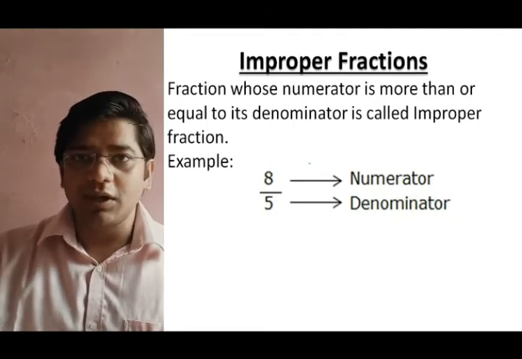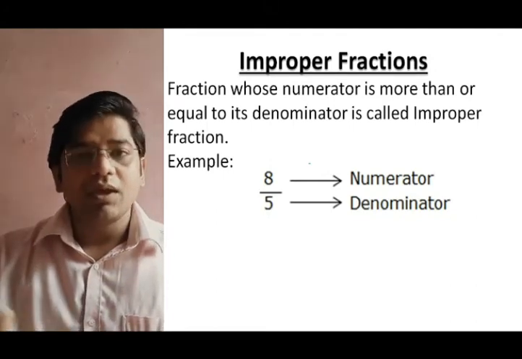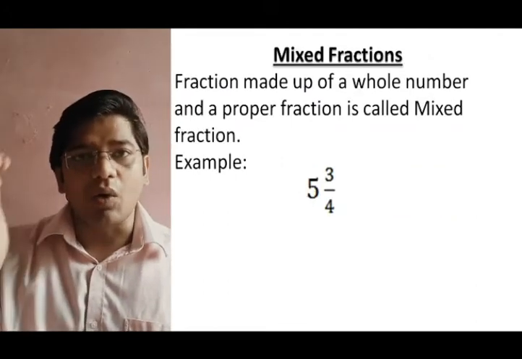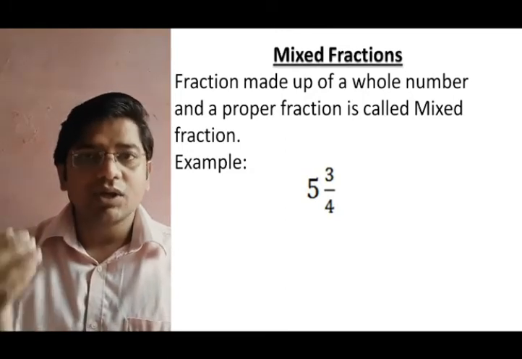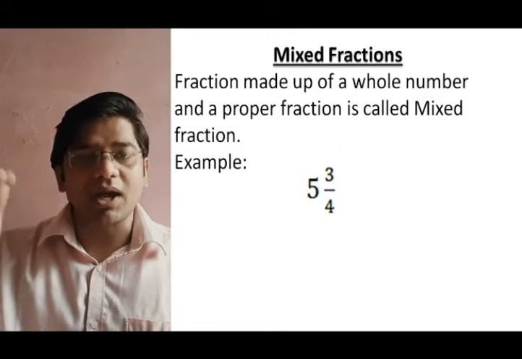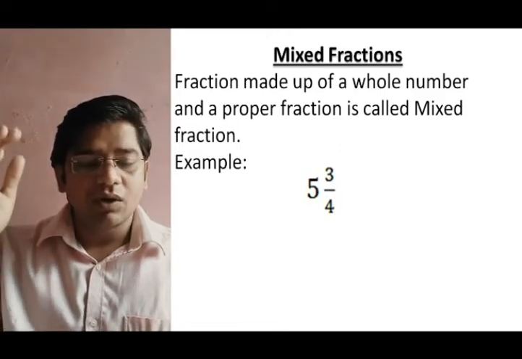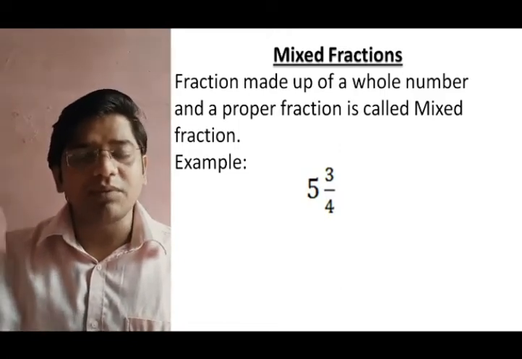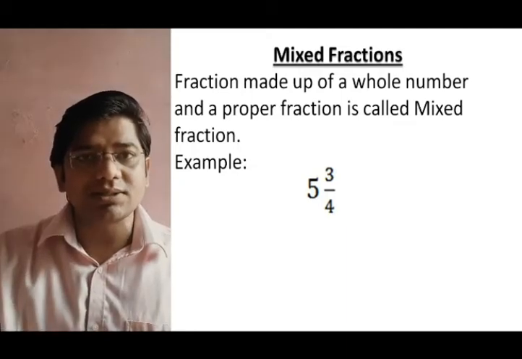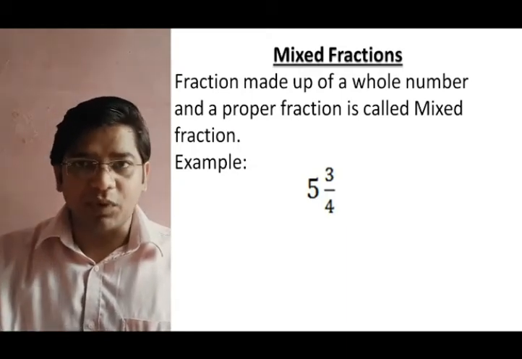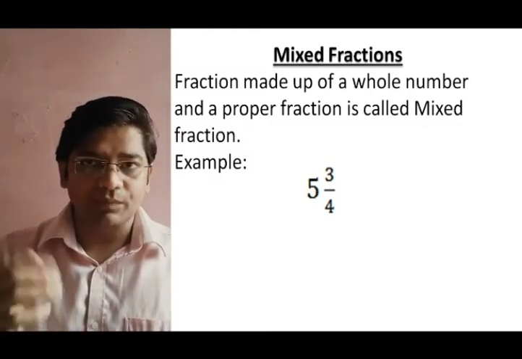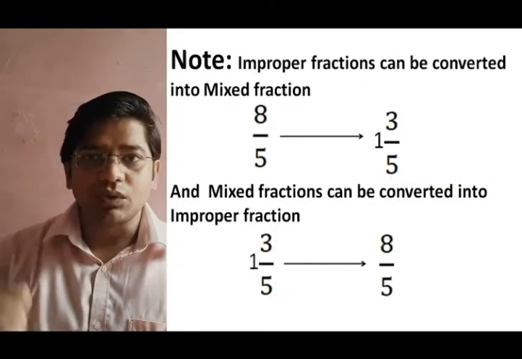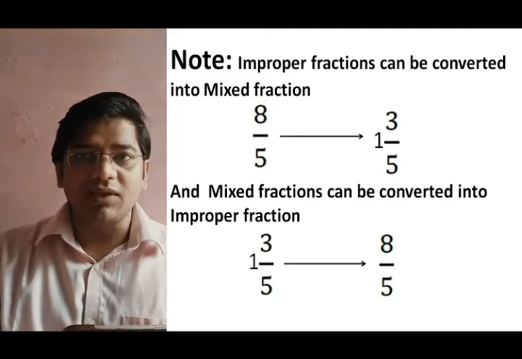Then mixed fraction, where we write a whole part and a fraction together. Like in our example I have written here 5 whole 3 upon 4. Sometimes it is also read as 5 complete 3 upon 4, or you can also read it as 5 whole 3 upon 4.